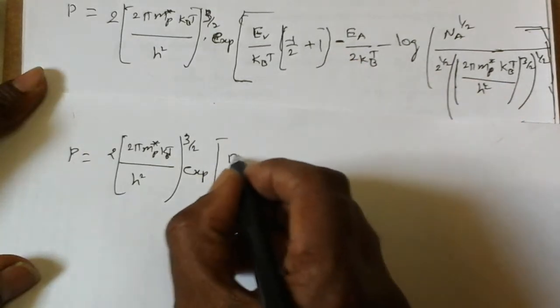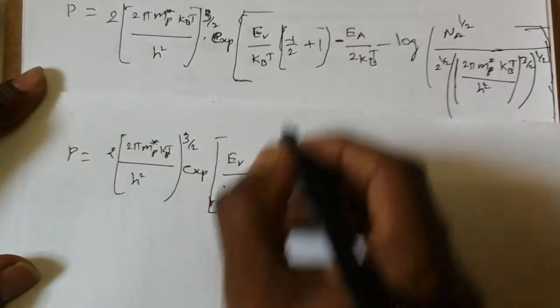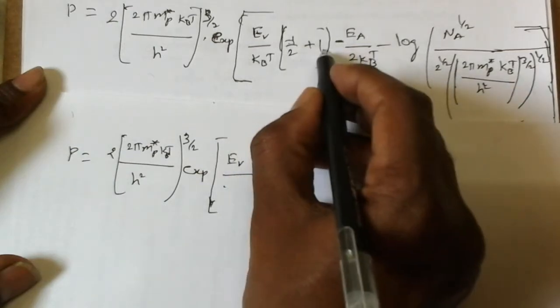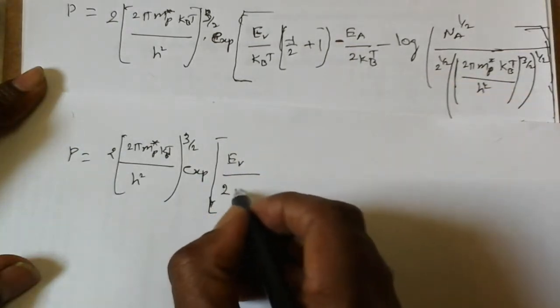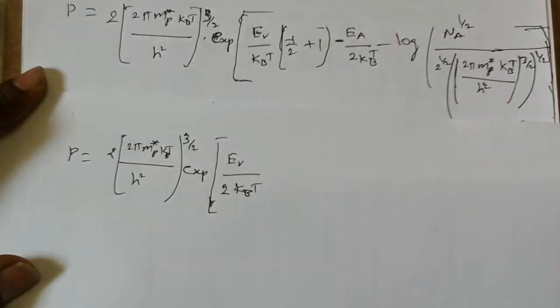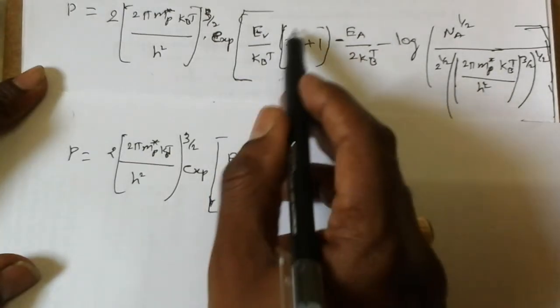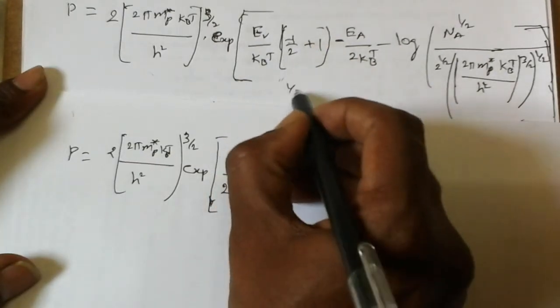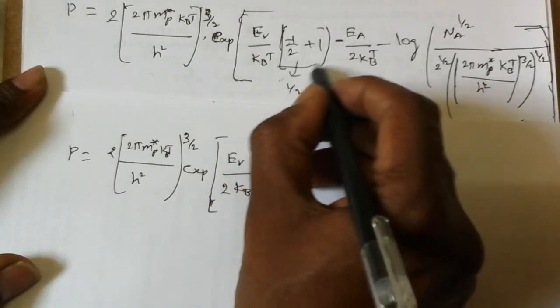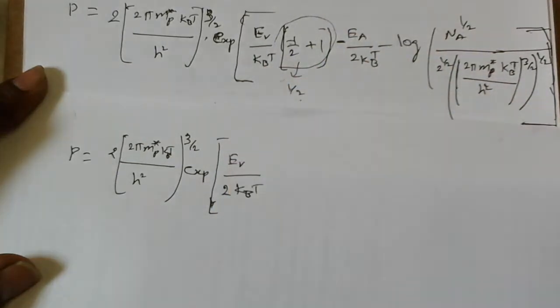So E_V by this, minus 1 by 2 plus 1 value is how much? 2 k_B T happens. This entire value is going to become 1 by 2.